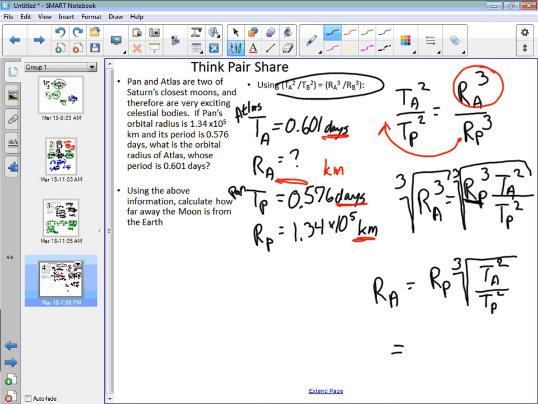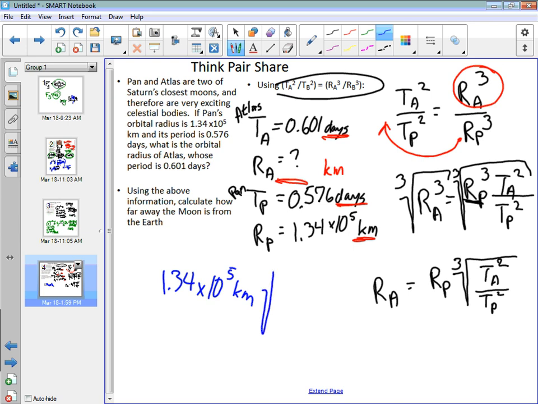But if we list out the information, we're going to have the radius of Pan, which was 1.34 times 10 to the 5, and that was in kilometers. Which means our radius for Atlas is also going to be in kilometers.